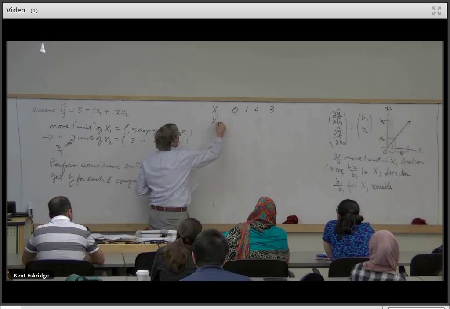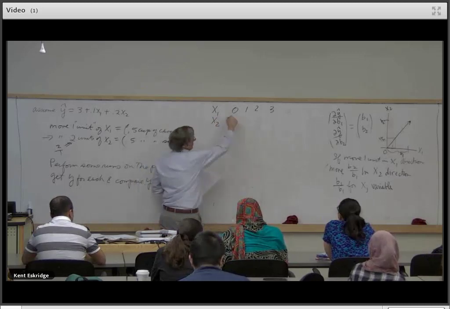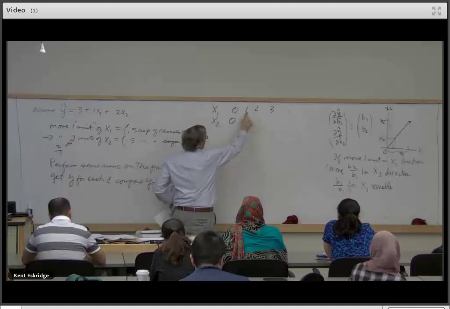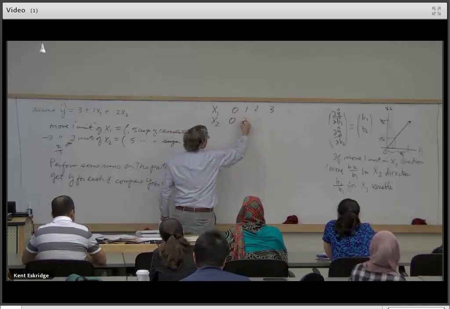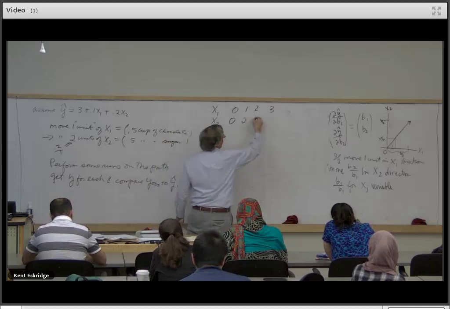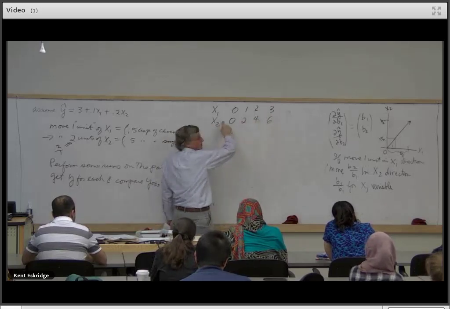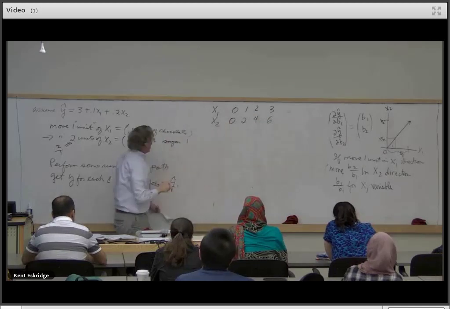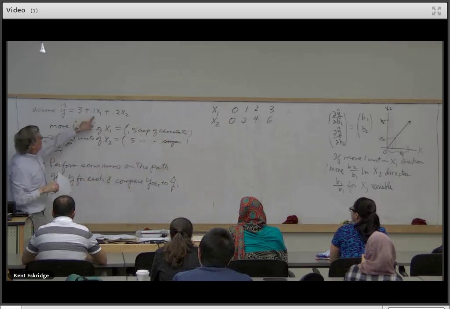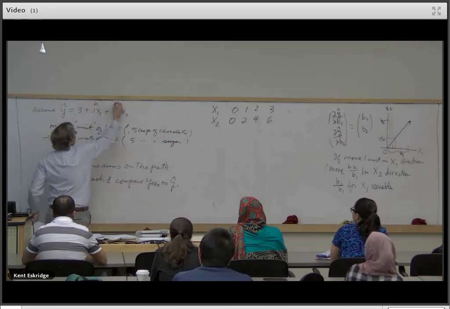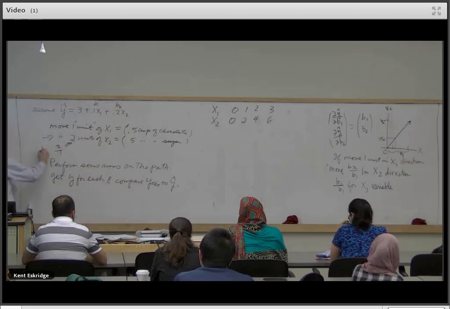Now x2, I can do the same thing. We start at 0, but if I go up by 1 unit of x1, I have to go 2 units of x2, and then 4 units here, and 6 units here, because I go up twice the number of units for x2 compared to x1. That's what I'm talking about here: B2 over B1.